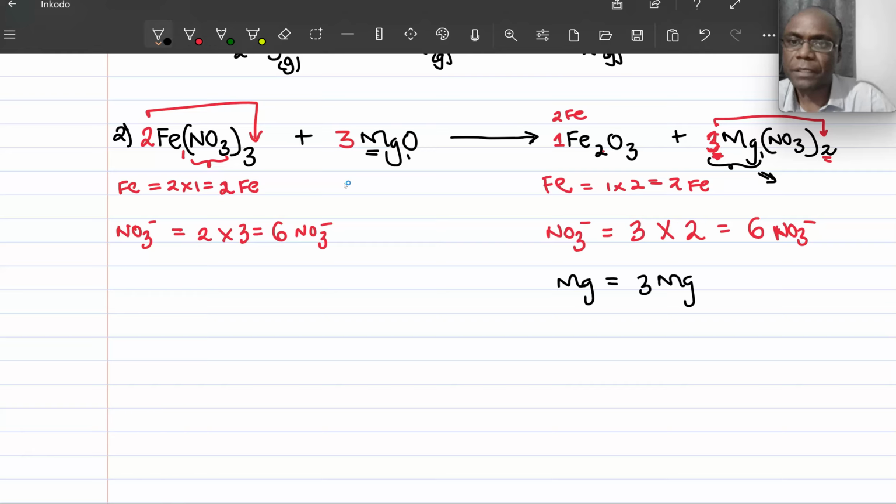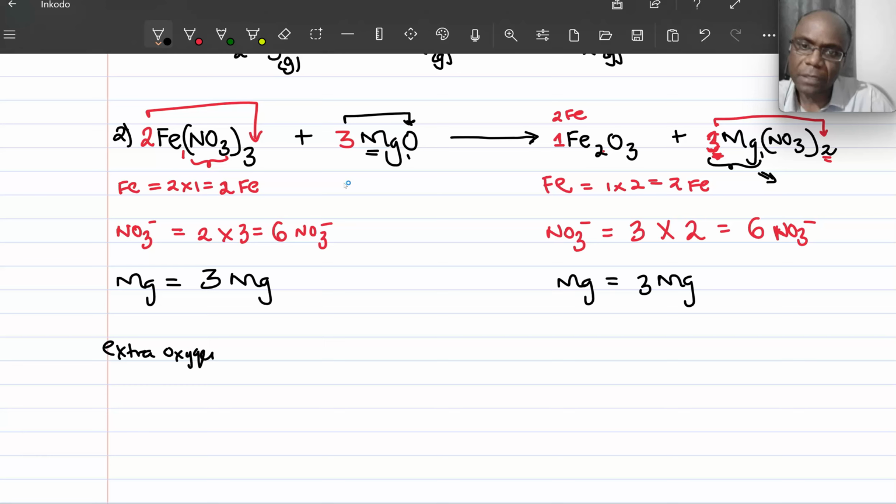So that will give me, for the magnesium here, it will be 3 magnesium. Now, let's look at this oxygen. There are 3 oxygens there that came with it. So the extra, let me just call them extra oxygens. They have to be balanced.